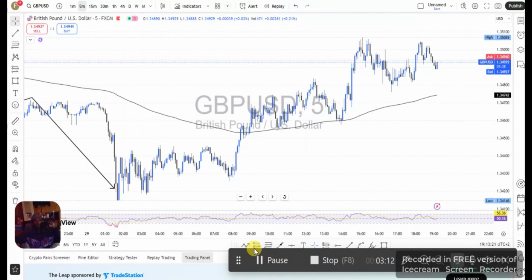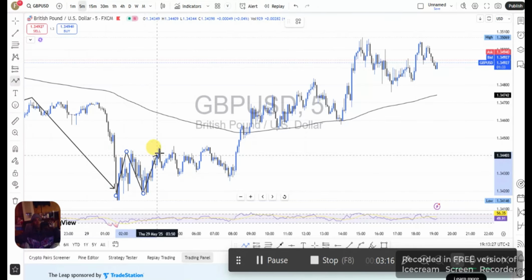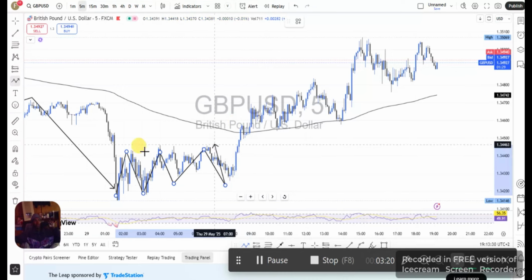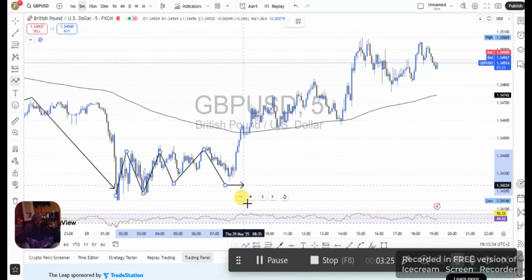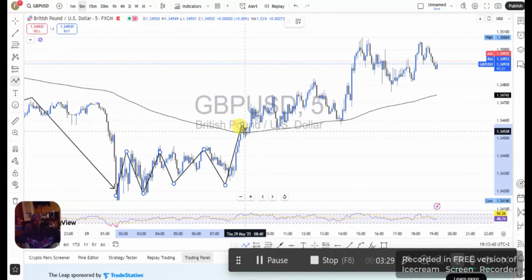First of all, you'll see a ranging market, and then we break it to the upside, or sometimes you'll see a break to the downside, but for this instance you'll see it, and then we start creating our levels to the upside, right?